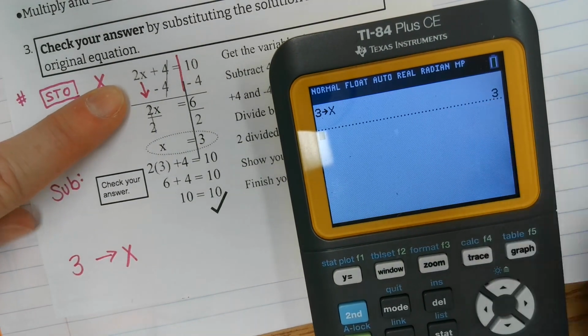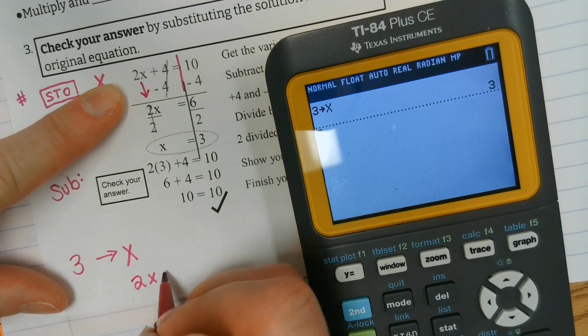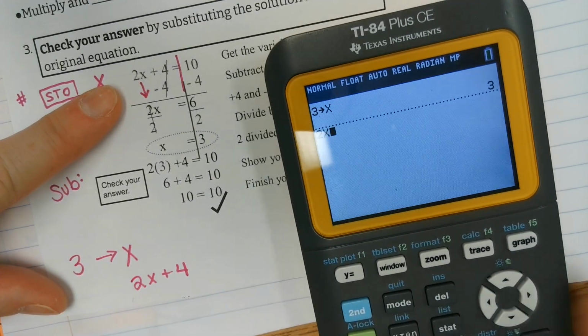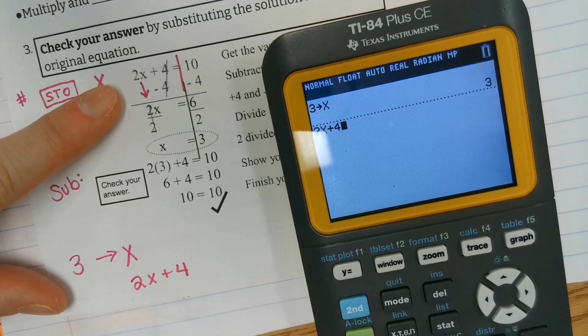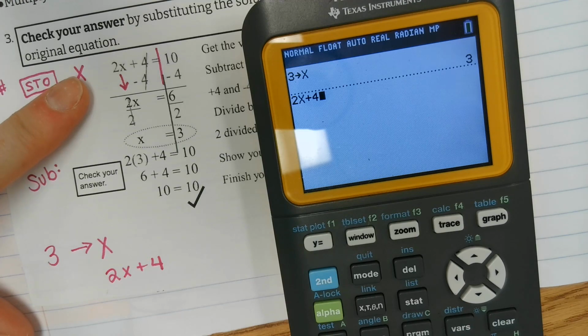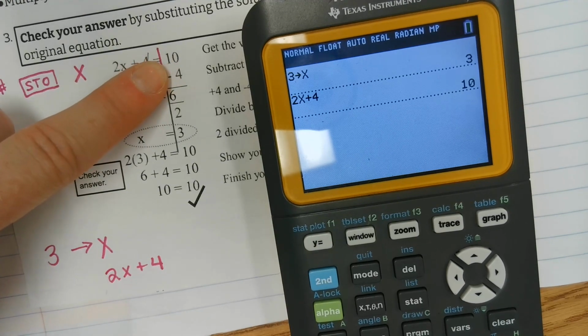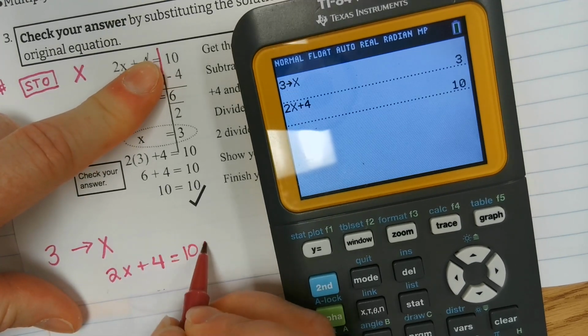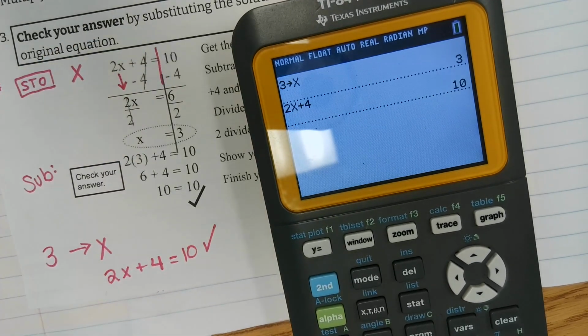Now we're going to put in 2x plus 4. Enter. And it comes out to be 10. And that's what we want, right? Check. That means that we did it correctly. If we put in the wrong answer, then it won't come out to be 10.